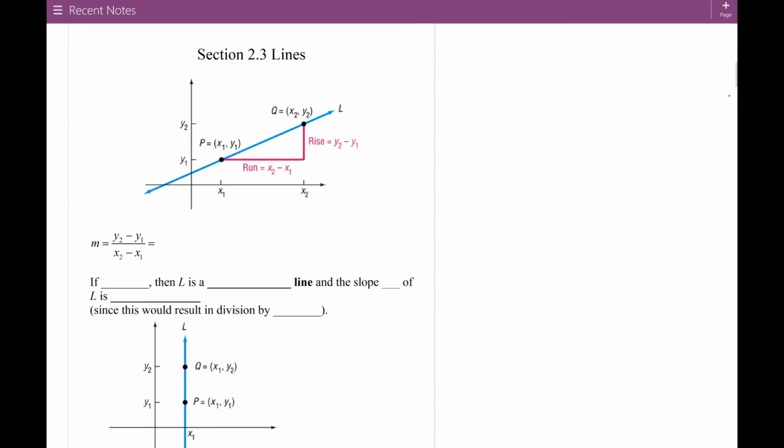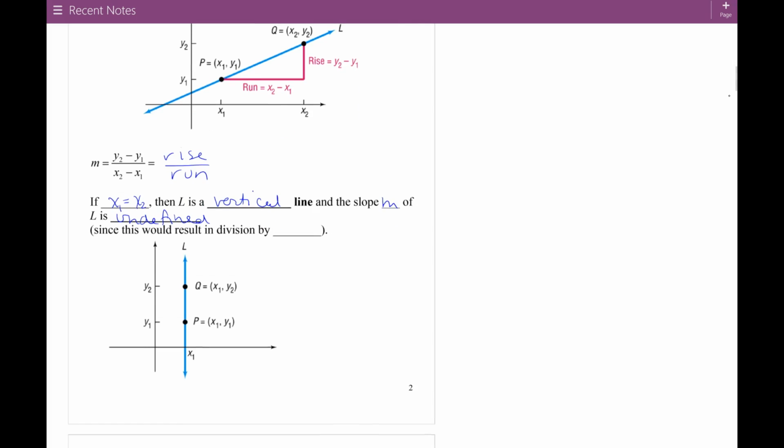So this is a picture showing the rise and the run. You've probably heard those words used: it's the rise over the run. And if we have x1 equaling x2, then L is a vertical line and the slope m of L is undefined. So if the line is vertical, we say the slope is undefined, and that's because we would be trying to divide by 0.